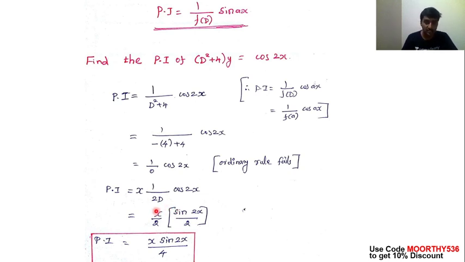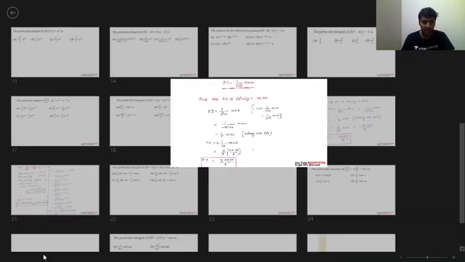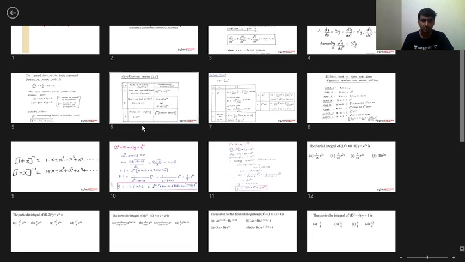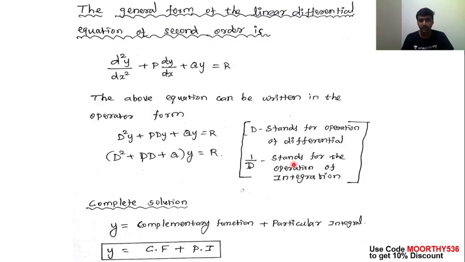As per the previous problem discussion, 1 divided by D stands for the integration operation. So for 1 divided by D, we have to integrate the given term one time with respect to x.